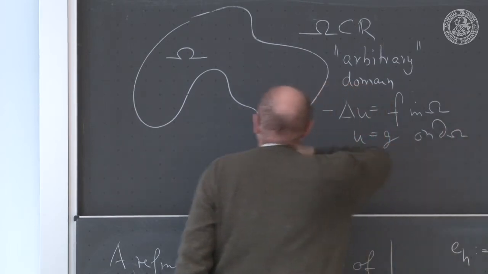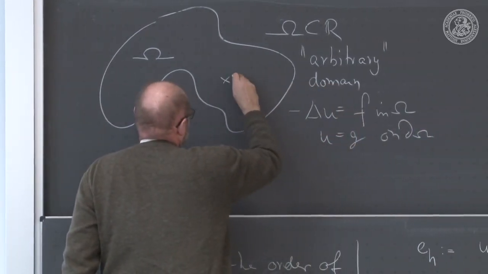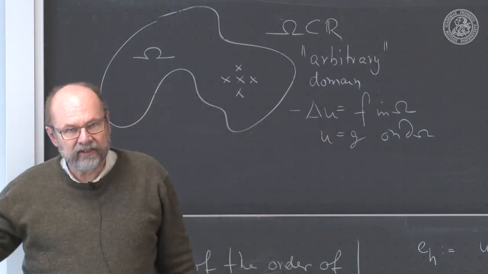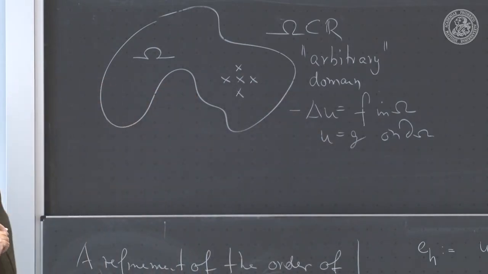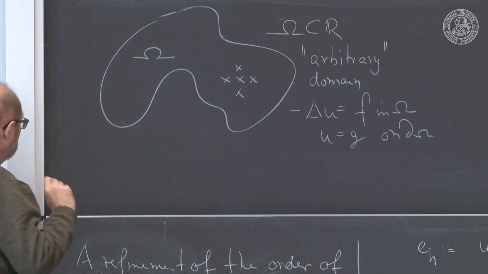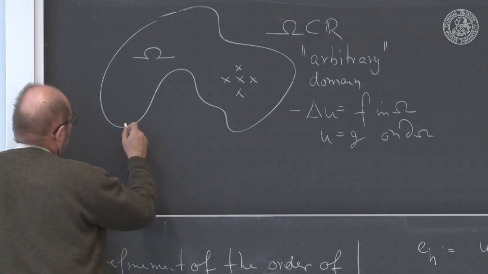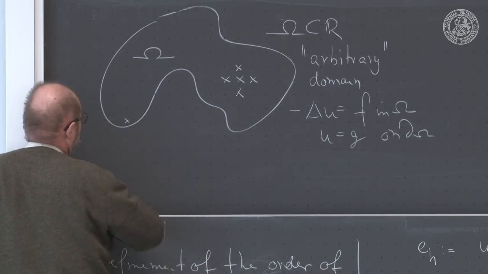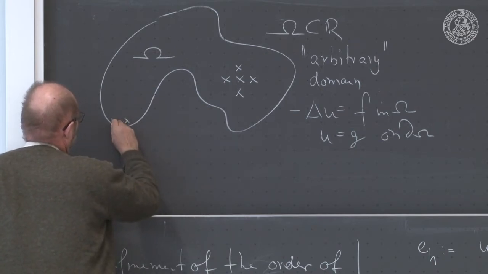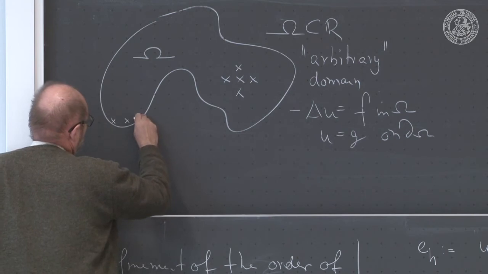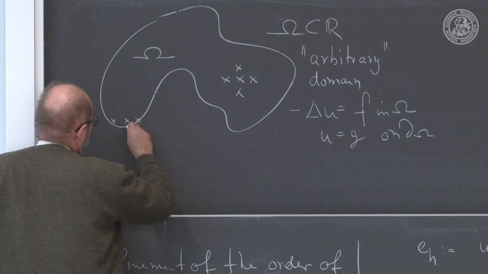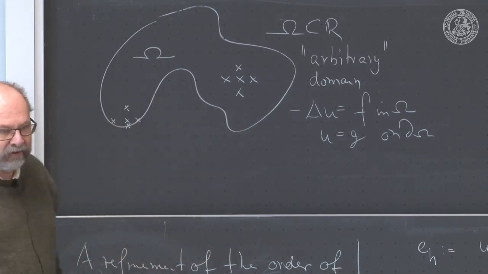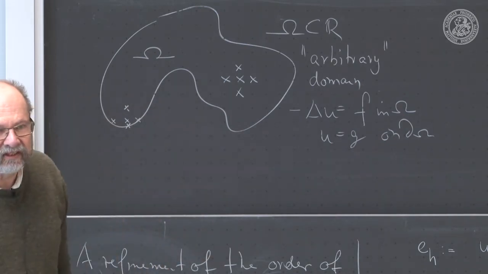So if I am in the interior, I have this stencil, and I know everything about this stencil. I know its consistency error, H squared. But if I'm close to the boundary, for example at this point here, then I come to this stencil, which is also a 5-point stencil, but it's not equidistant anymore.